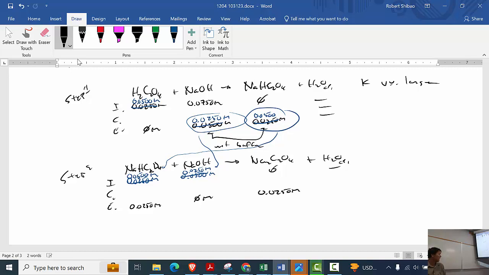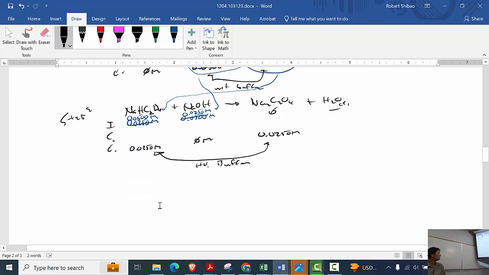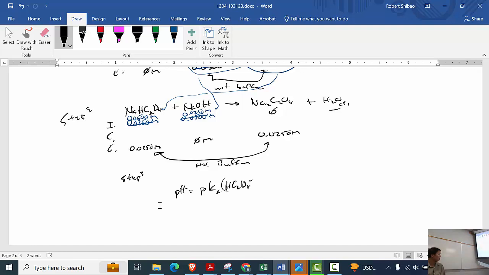Okay, so now I have an acid and its conjugate base. So this is an HH buffer here for step 3. So step 3, I'll just use the Henderson-Hasselbalch. That is, the pH is equal to pKa for the acid. The acid here is just going to be hydrogen oxalate plus the log of the base.